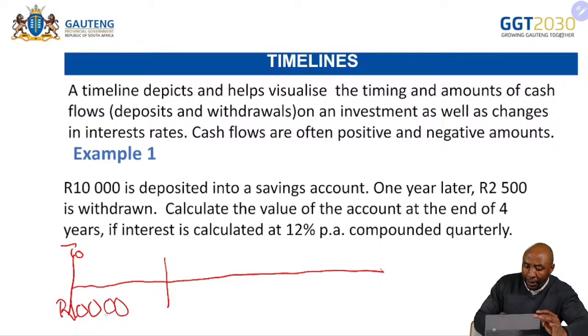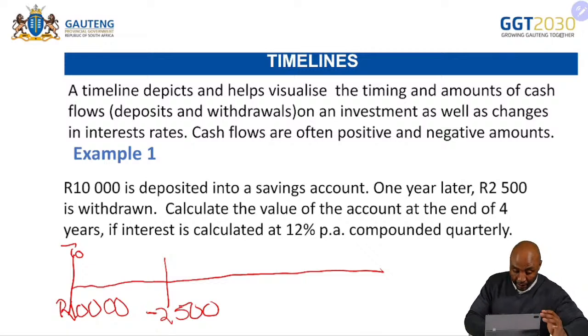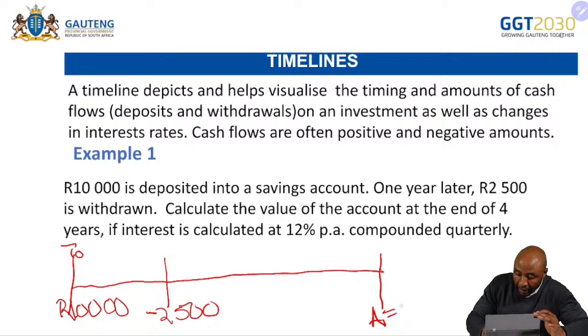And after 1 year, I'm going to use a negative sign for the withdrawal, 2,500 was withdrawn. Those in accounting, I know they use brackets somewhere. And then we want to find how much will be in the account at the end of 4 years.